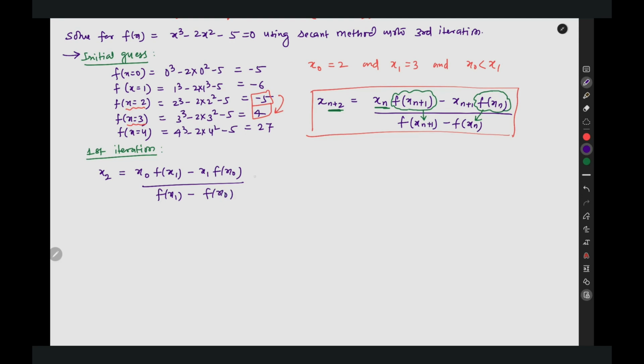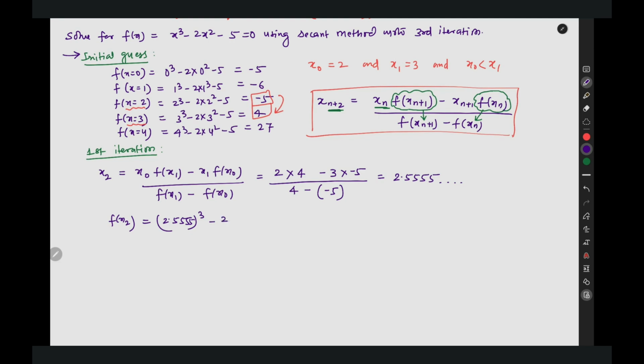We know the value of everything, so we will put x naught, the first iteration guess, as 2, into the value of f x1, 4, minus the value of x1, 3, into the value of f x naught, that is minus 5, divided by 4 minus f x naught, which is minus 5. So it will be 2.5555.